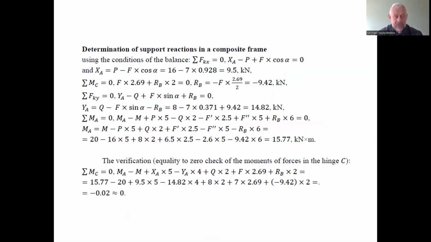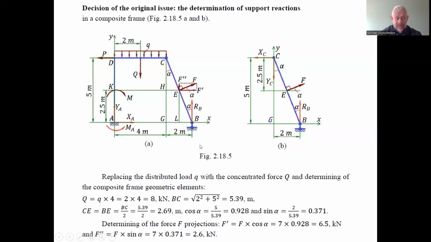So after that, we have to do the balance equations. First, we have to consider for the integral frame the total of projections of forces on the abscissa axis, because we have here a sliding hinge, so it does not cause a horizontal force.